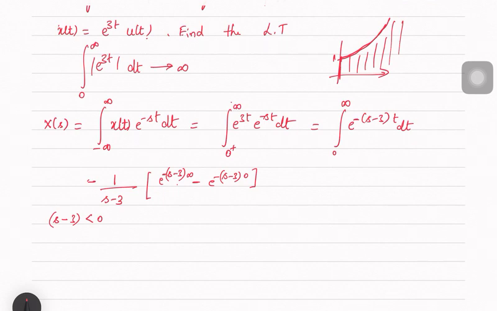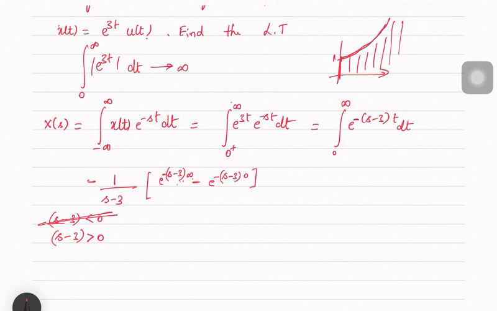So minus into a negative quantity will be plus, and plus into infinity will be plus infinity. So e power plus infinity will go to infinity, so it doesn't exist.